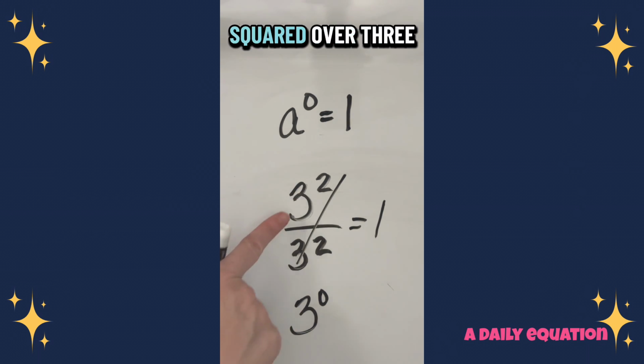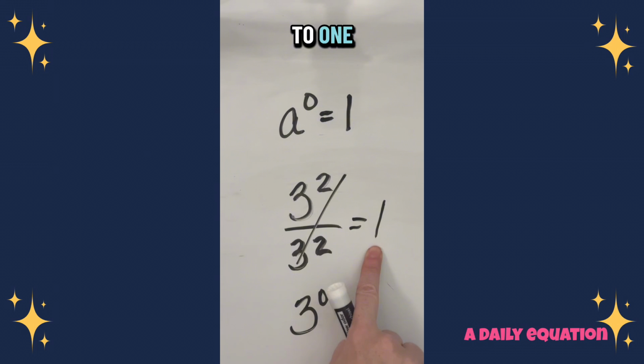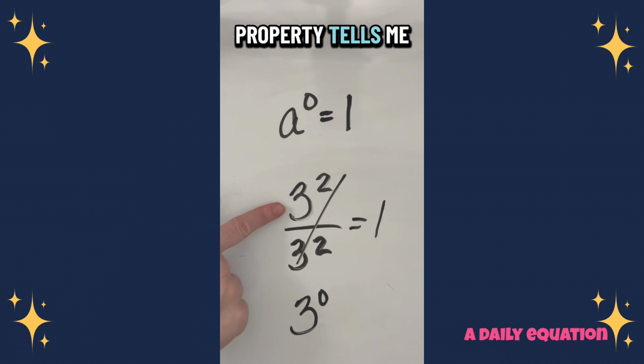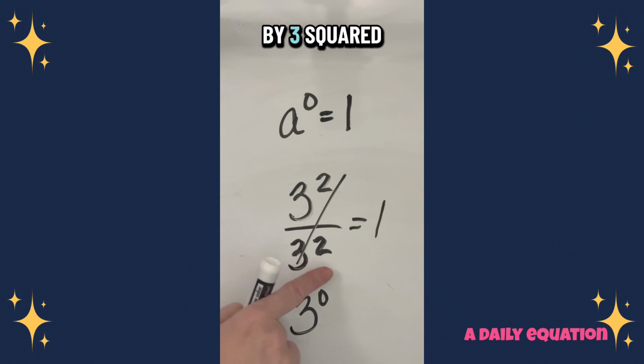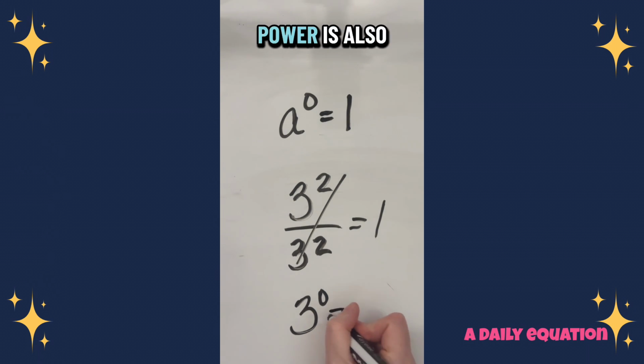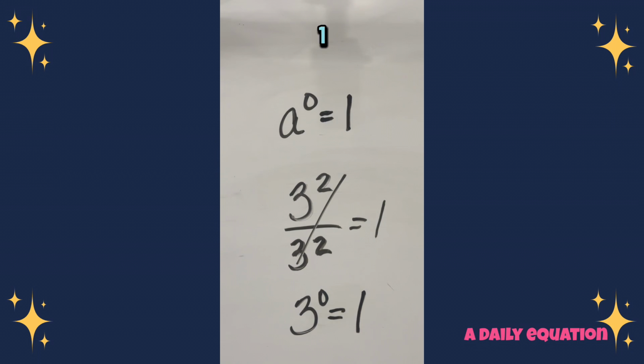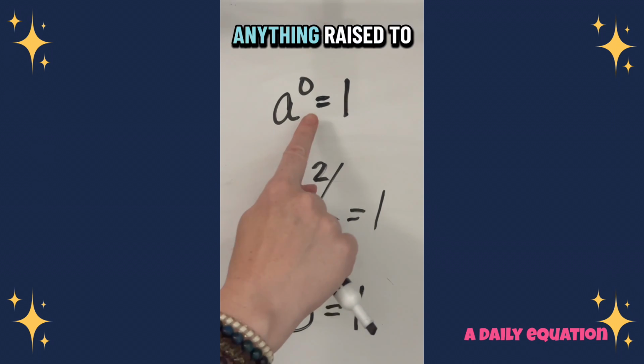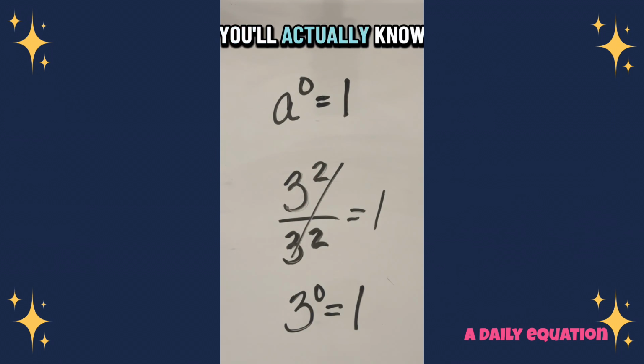So if 3 squared over 3 squared is equal to 1, and my exponent property tells me 3 squared divided by 3 squared equals 3 to the 0 power, that means 3 to the 0 power is also 1. So the next time you see anything raised to the 0 power equals 1, you'll actually know why.